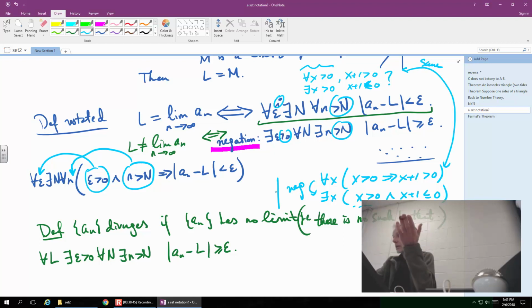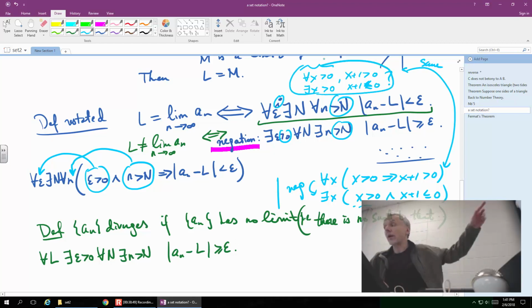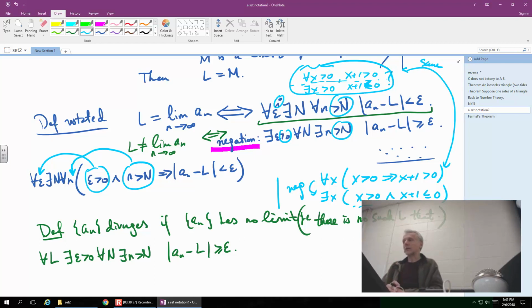There might be none. So once again, what's the converse of that statement at the top? We did negation, so forget about the second line. Converse is not negation. If I'm asking you what's the converse of that statement, for any x larger than 0, x plus 1 larger than or equal to 0, what would you say?